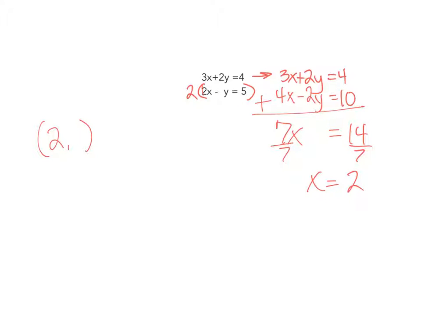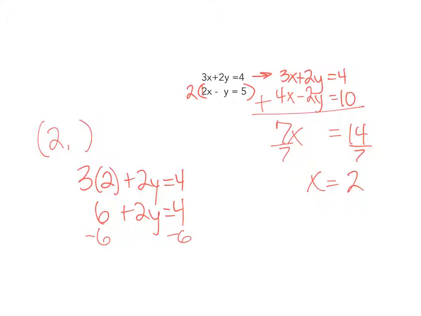Okay, I'll do the top equation. 3 times x, 2, plus 2y equals 4. 6 plus 2y equals 4. Subtract 6. 2y equals negative 2. Divide by 2. There. I got negative 1.